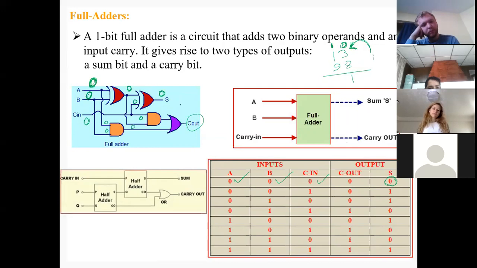This is 0. How about this one? This thing, also 0. So you have 0 and 0. The AND gate gives you 0, right? So this 0 goes here. And in the case of the OR gate, if both of them are 0, what do you get? 0. Okay. So this 0 is this 0 here.